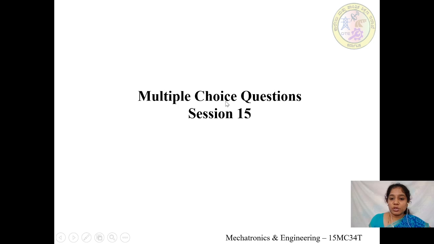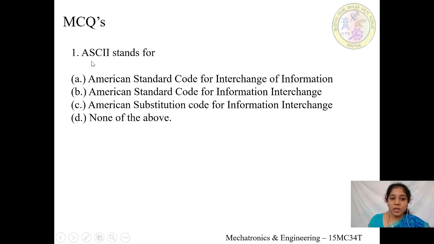These are the MCQs of session 15. First one, ASCII stands for: option A, American Standard Code for Interchange of Information; option B, American Standard Code for Information Interchange; option C, American Substitution Code for Information Interchange; option D, none of the above.